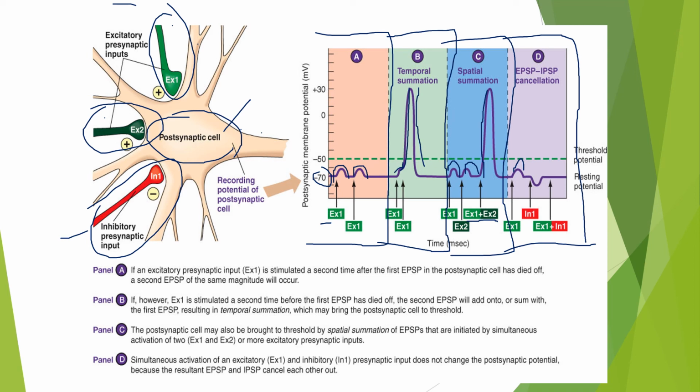However, now the inhibitory presynaptic neuron is releasing an inhibitory neurotransmitter, and so those two are going to cancel each other out and will remain at or near resting membrane potential. So it has a harder time then to reach threshold for that action potential to occur within that postsynaptic cell.